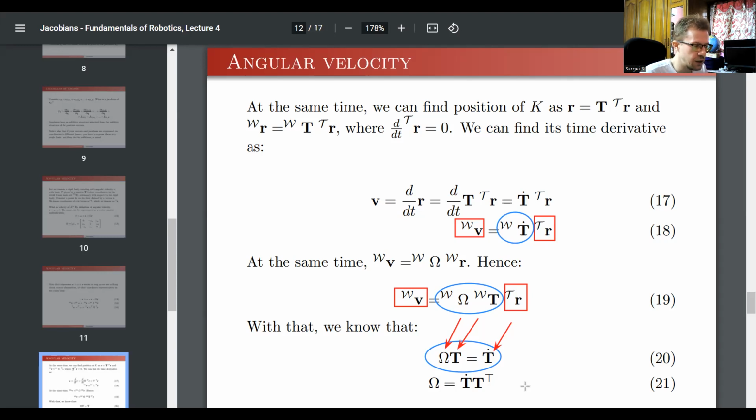This unit vector does not change its length, but it rotates. How does it rotate? We know how any vector rotates in the frame with angular velocity. We multiply the skew-symmetric matrix omega with this vector, and we get its derivative. So we multiply a column by omega, we get the derivative of the column. That's how we get this formula. So formula 20 is just another way to restate the definition of angular velocity.